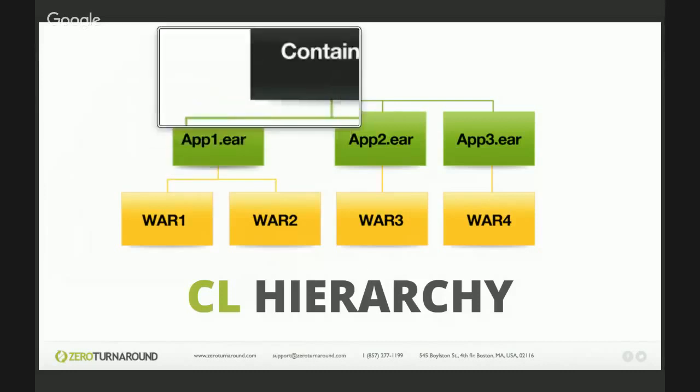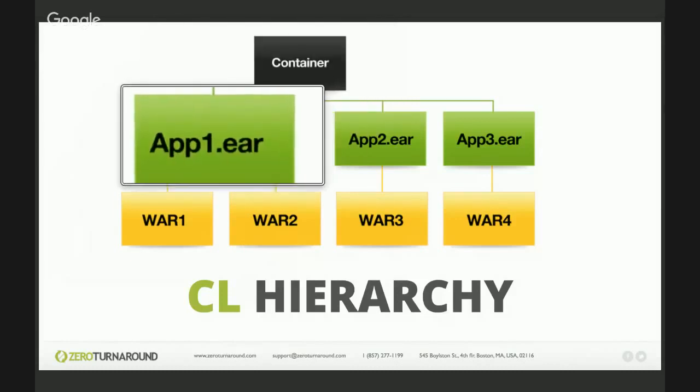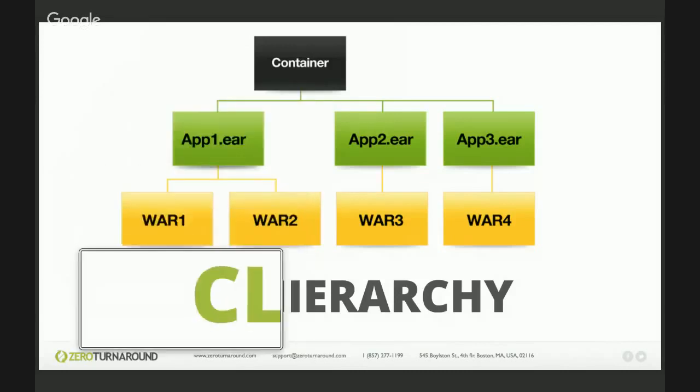So it delegates up to the container class loader, and the container class loader tries to load the class. Only if it fails will it go back to the application class loader, and it will try and perform the load class. If it can't then load the class, you will get your usual NoClassDefFoundError, the exception which we all come to know and love.